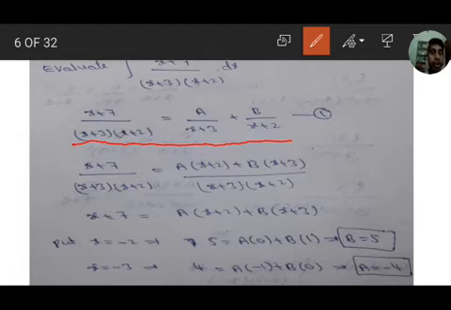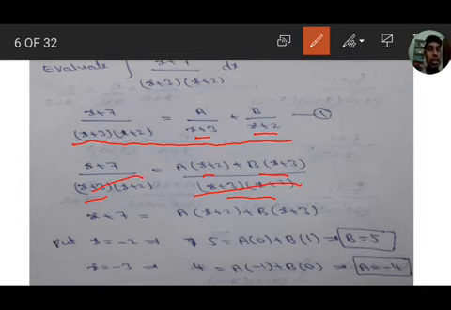Two linear factors, so LCM: x plus 3 into x plus 2 is the LCM. A into x plus 2 plus b into x plus 3. So this denominator is cancelled out. x plus 7 equal to a into x plus 2 plus b into x plus 3.